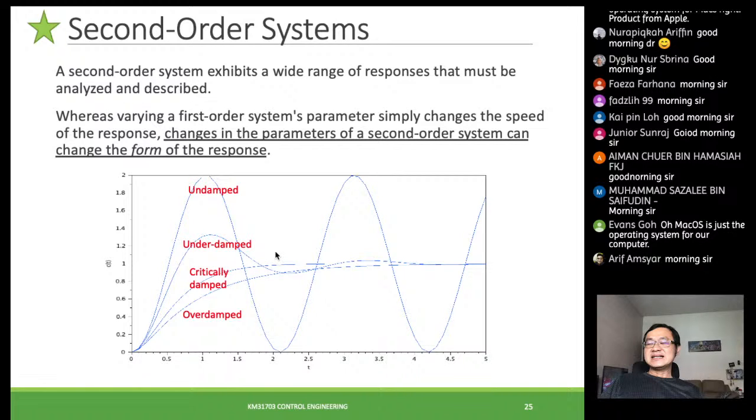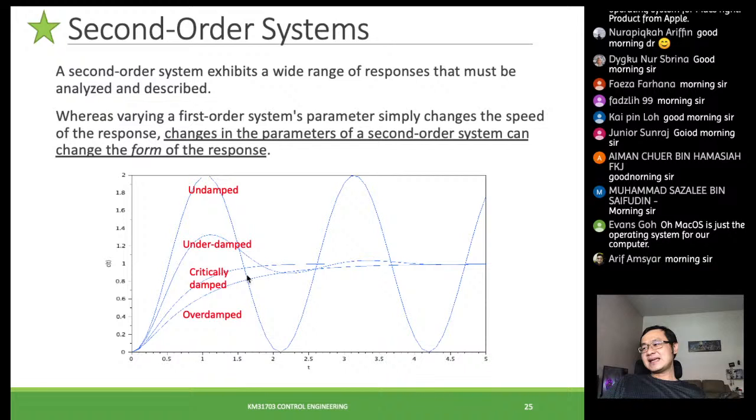The third one is critically damped, meaning it is damped such that it doesn't overshoot and doesn't oscillate. You can see that this curve first curves up, and then it doesn't oscillate. We call it critically damped, right?